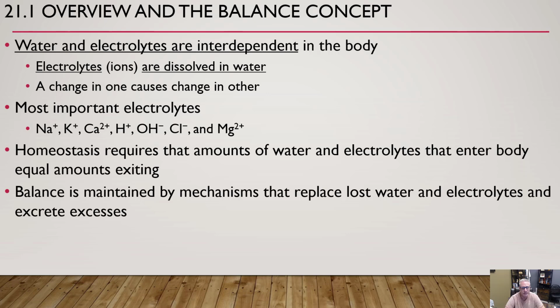We talked in the kidney chapter about the amount of water loss, the 180 liters that get filtered out each day, and obviously we don't pee out 180 liters of water. The majority of that gets taken back in the body so that we don't excrete too much water.